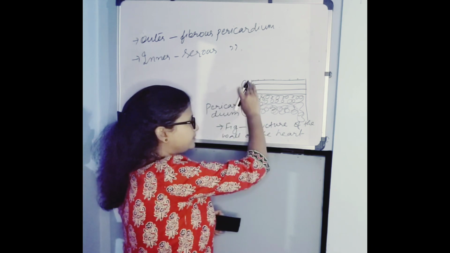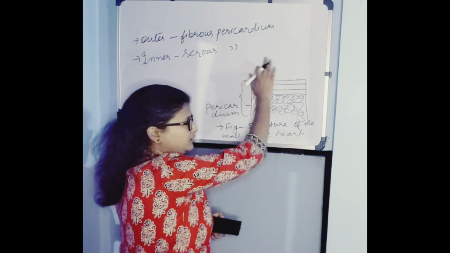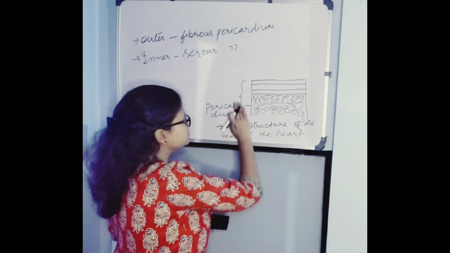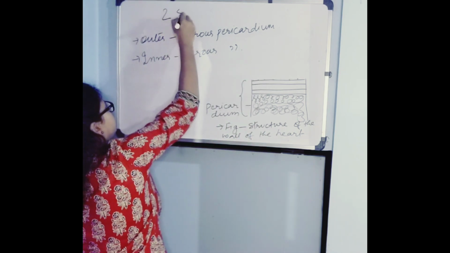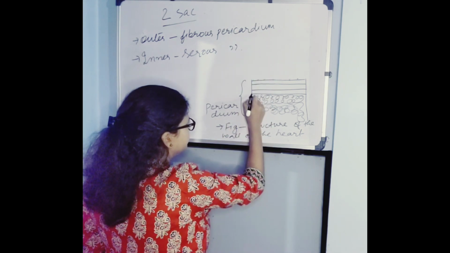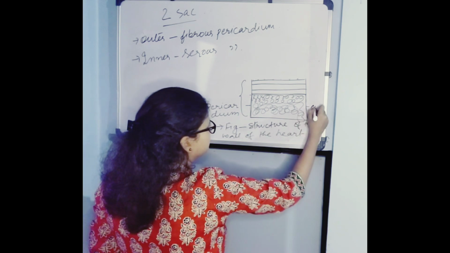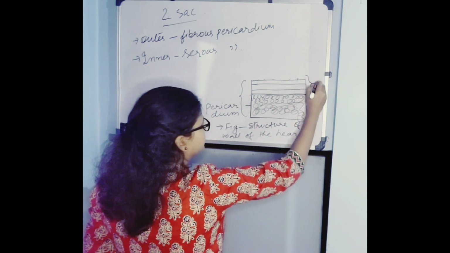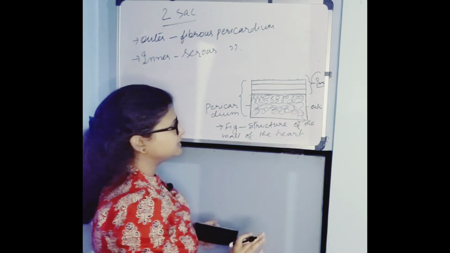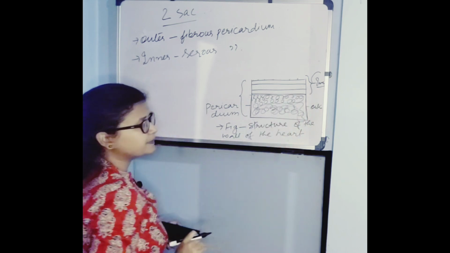It has two sacs. All total it comes under the pericardium only, the wall of the pericardium. Okay, the pericardium has two sacs. The outer is the fibrous pericardium, this is the outer and this is inner. The outer is the fibrous pericardium, and the inner is the serous pericardium.